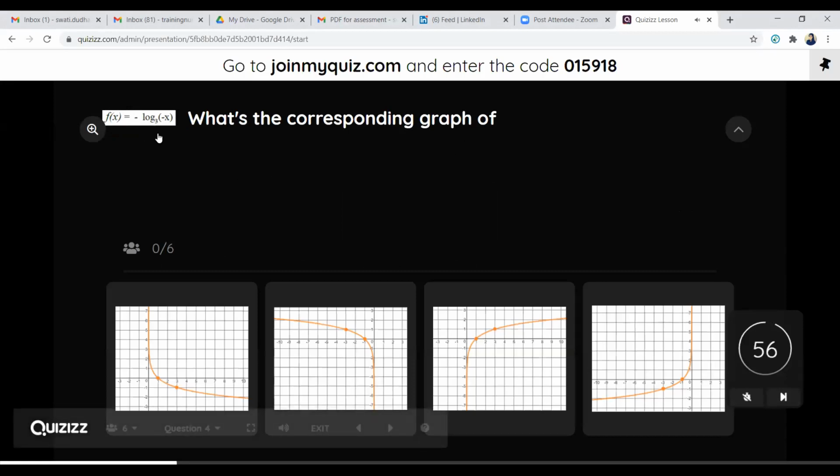What's the corresponding graph of the function given? Graph your functions on the graph page.